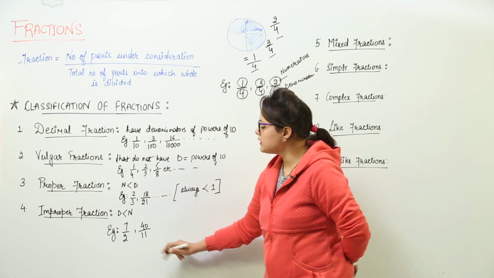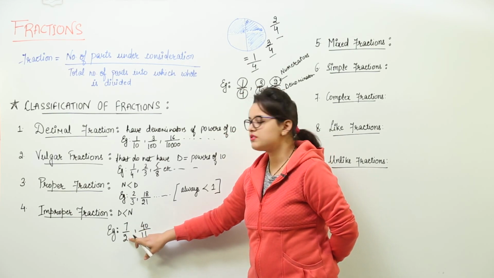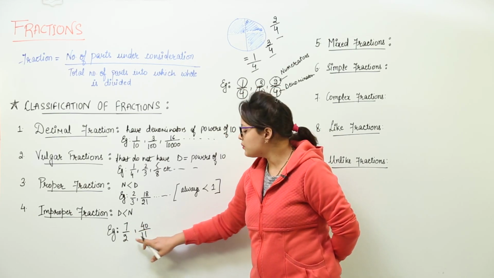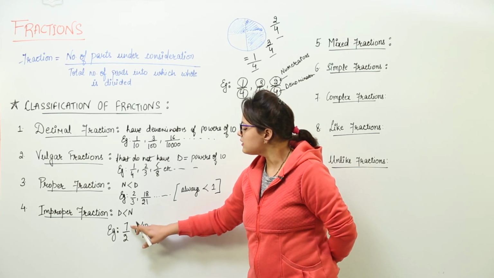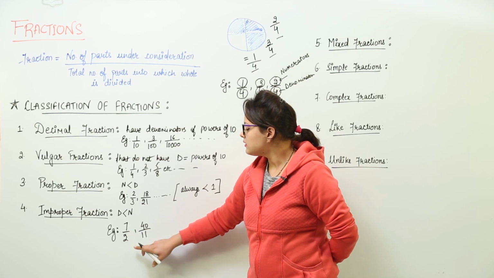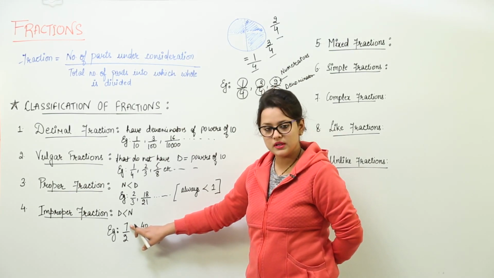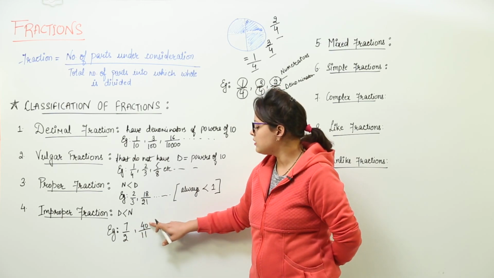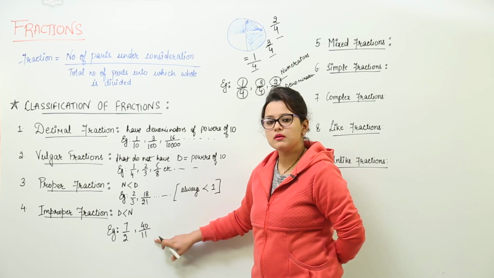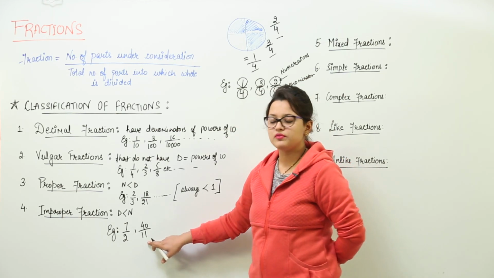Both these have numerators 7 and 40, whereas their respective denominators are 2 and 11. So we can check here that the denominator is lesser than the numerator. Why? Because 7 is a bigger number compared to 2, and here also 40 is a bigger number compared to 11. So we can say both of these are representing improper fractions.